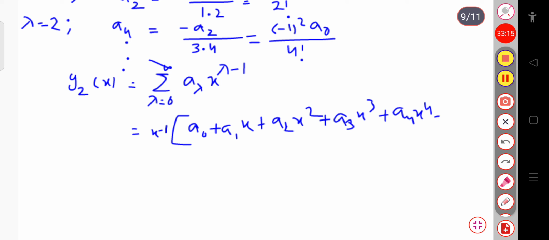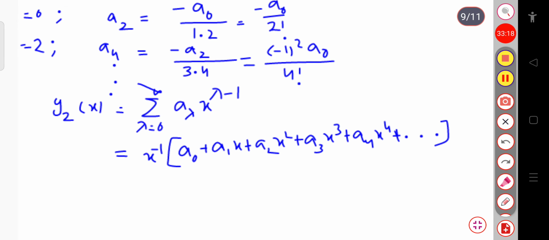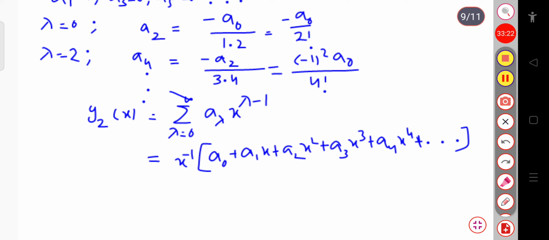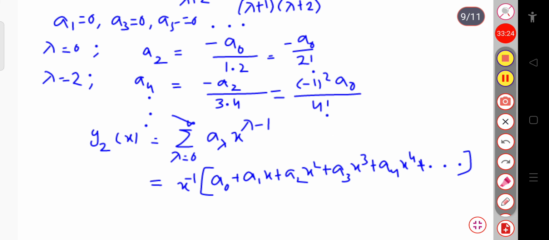Now if I put the values of a0, a2, a4, you can see a1, a3, a5 equal 0. So the odd terms, a1, a3, go to 0. I write the value of a2: this is x to the power minus 1 whole into a0, which remains as it is, plus a2, whose value is minus a0 by 2 factorial.